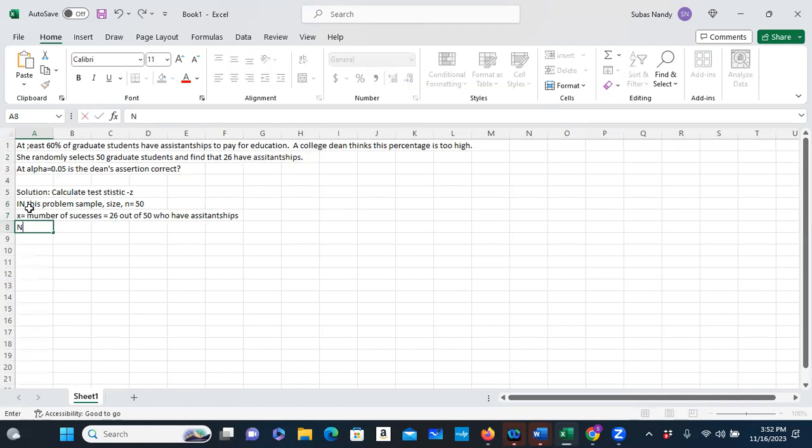So number of failures is equal to 50 minus 26, which is 24. Okay.